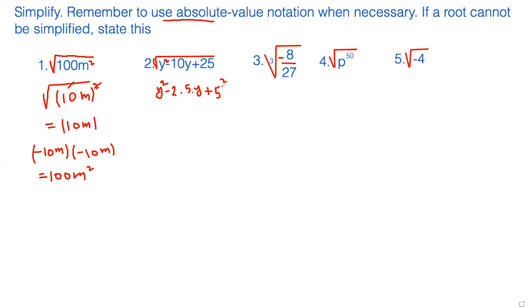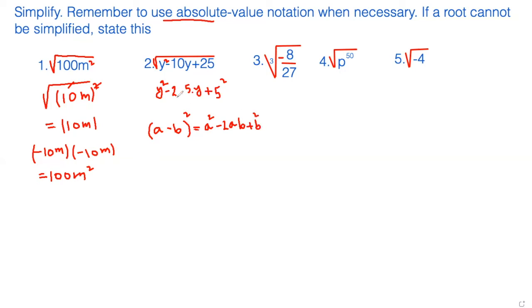So this is in the form of (a minus b) whole squared. I'm writing the formula here: (a minus b)², or you can just type (a minus b) times (a minus b), you will find it. It is a² minus 2ab plus b².